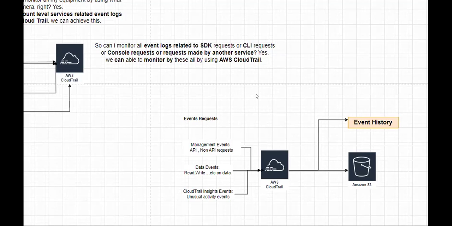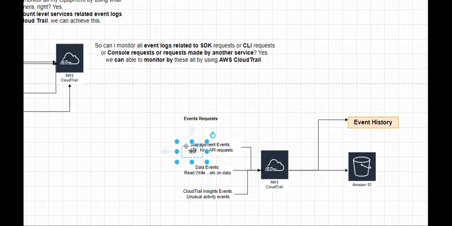One more important point: when you use CloudTrail to store these event logs, two kinds of logs will be stored under event history. What are the two? The management event logs as well as the data event logs.